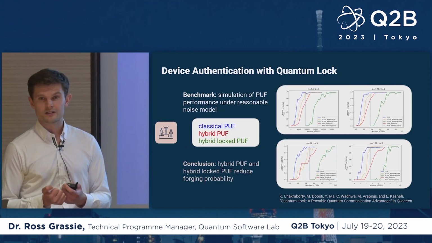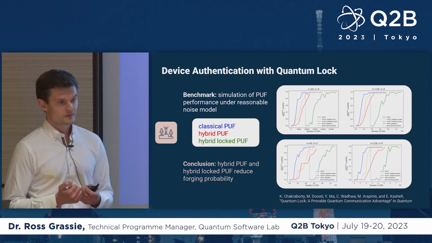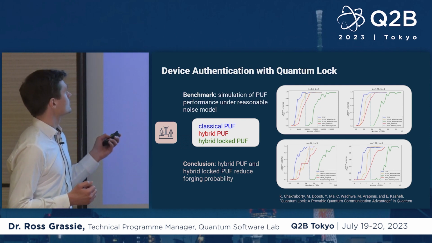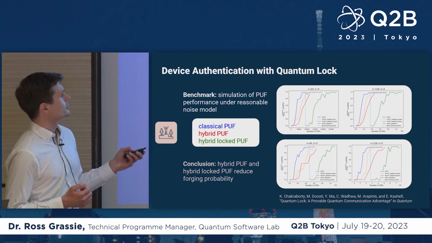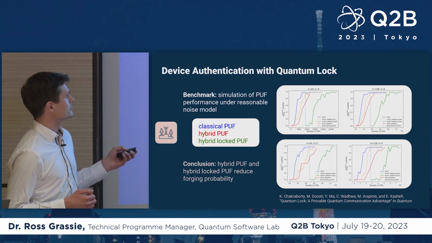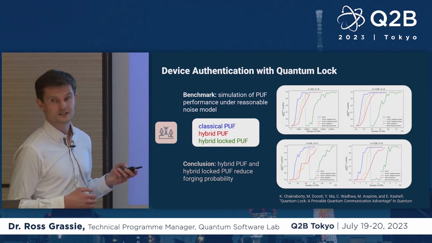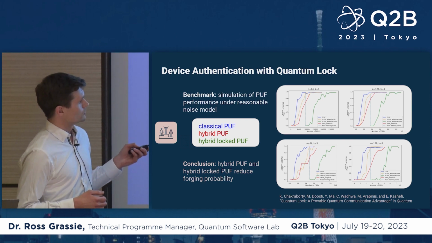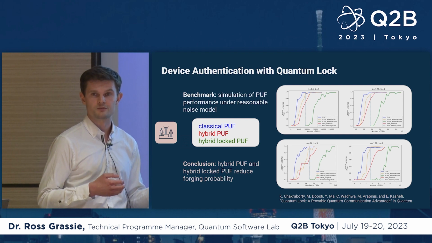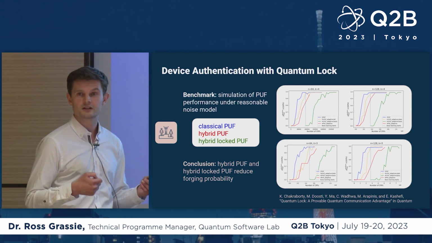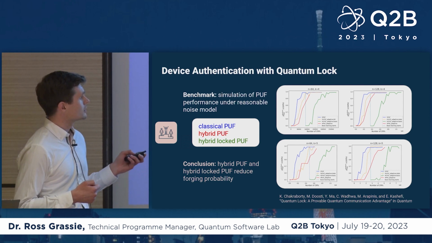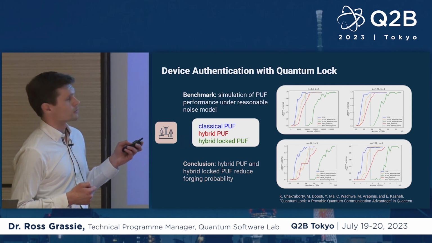To benchmark these different PUF solutions, we ran some simulations, and we have the classical PUF here in blue on these graphs, the hybrid PUF in red, and our third attempt, our best attempt, in green. So going along the x-axis here, this is the amount of data that is required before an adversary will be able to break our authentication protocol. And this is showing the forging probability.